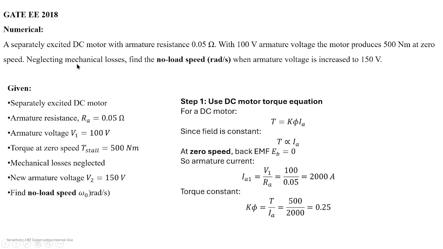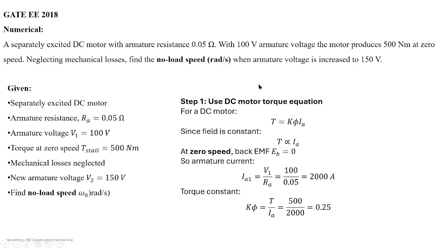This question was asked in GATE 2018. A separately excited DC motor with armature resistance of 0.05 ohm, voltage is given, speed is given, and zero speed means N is equal to 0, and mechanical losses are negligible. Find the no load speed in radian per second when armature voltage is increased to 150 volt.